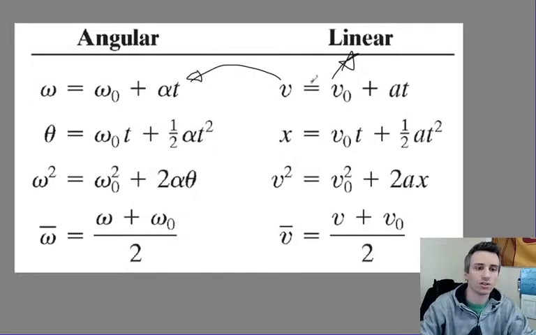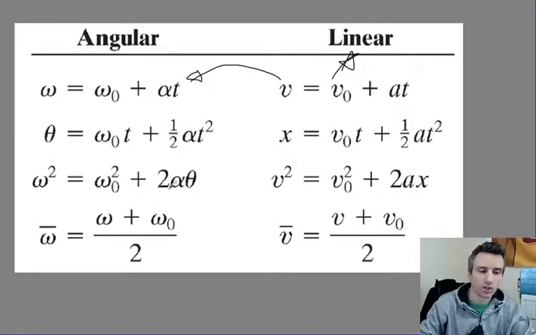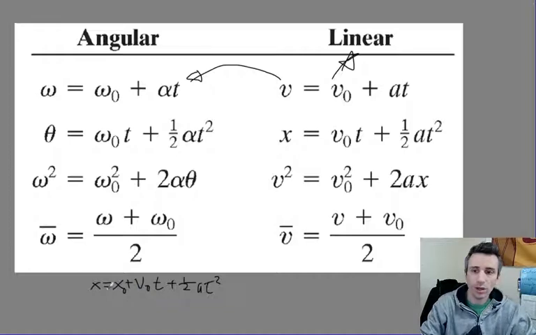Instead, I expect you to have the linear ones already memorized and be able to develop these based off of them. What I will actually do, whenever I'm working out these sorts of problems, is write out on my paper my initial equation, x equals x naught plus v naught t plus 1/2 at squared, right? I have that memorized. And then directly below it, I will rewrite the equation in its angular form.